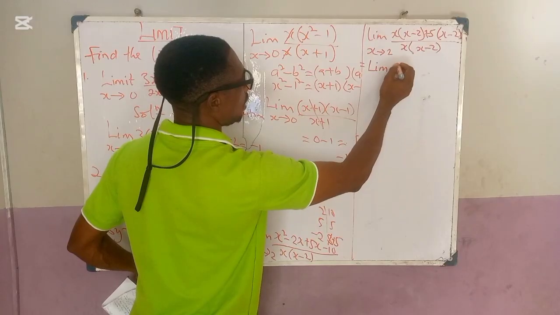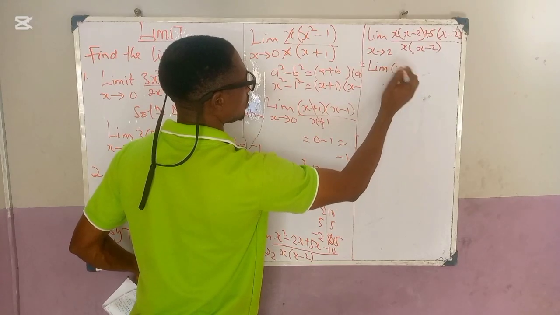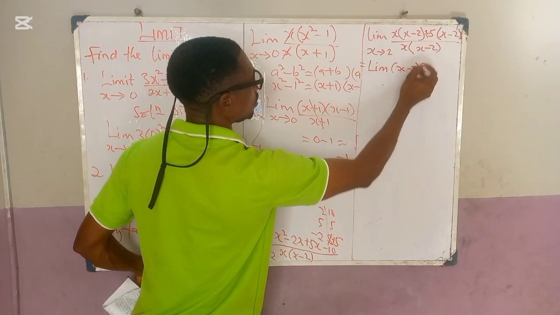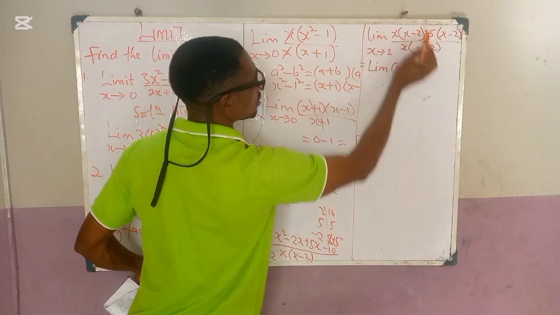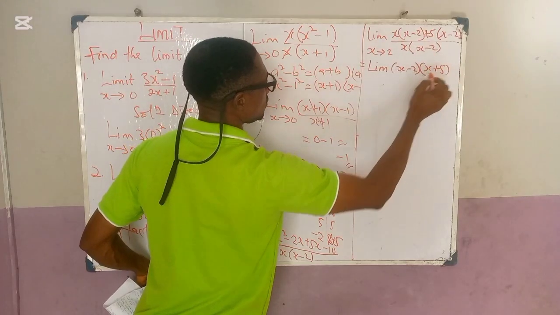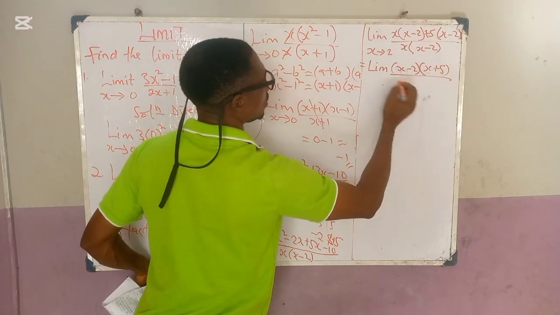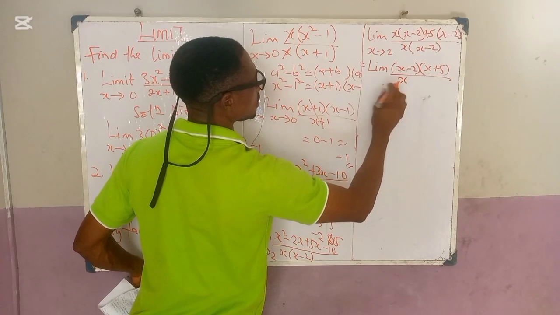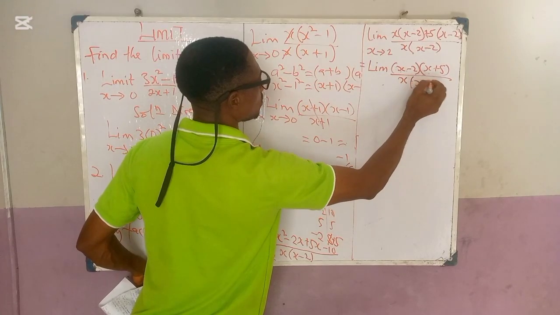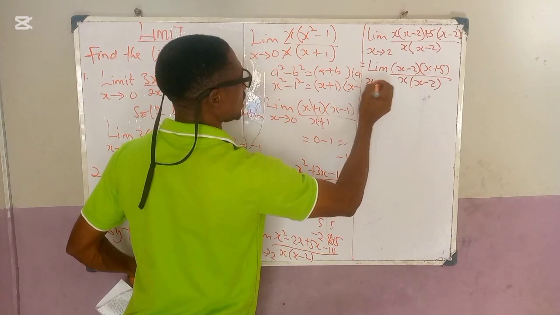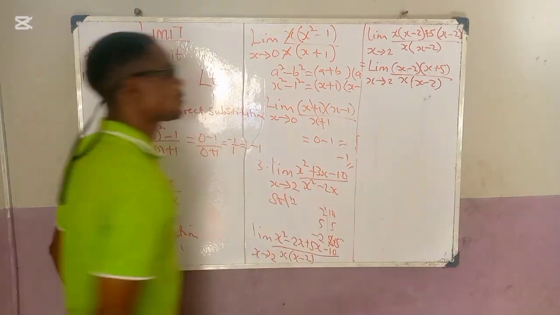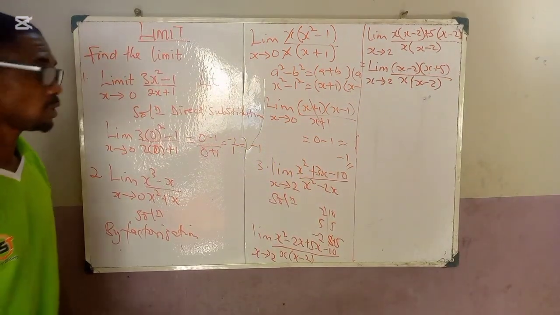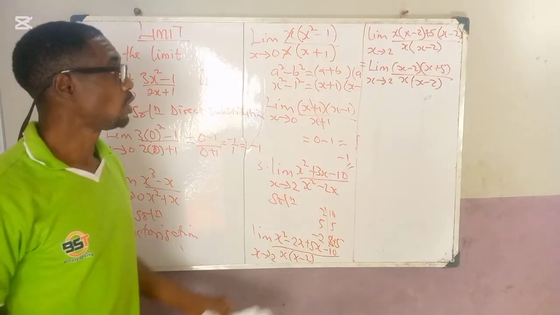Here, x minus 2 into x plus 5, right? We have x into x minus 2 as x approaches 2, right? If you are conversant with factorization, this is simple.